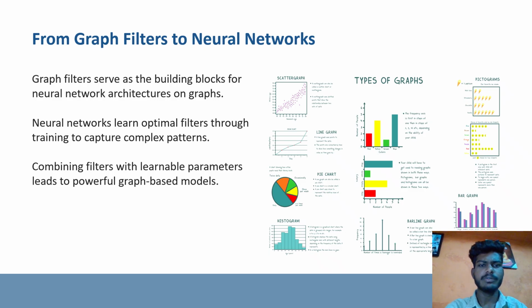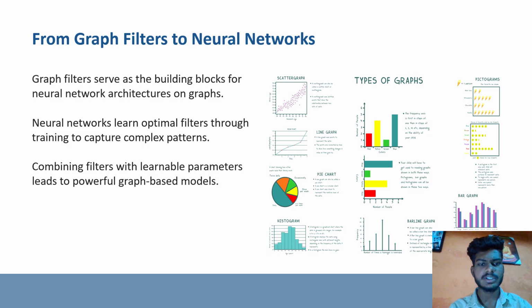From graph filters to neural networks. Graph filters serve as the building blocks for neural network architectures on graphs.